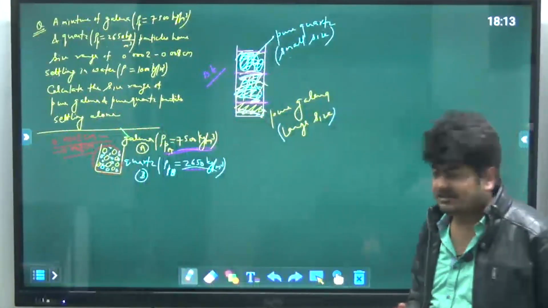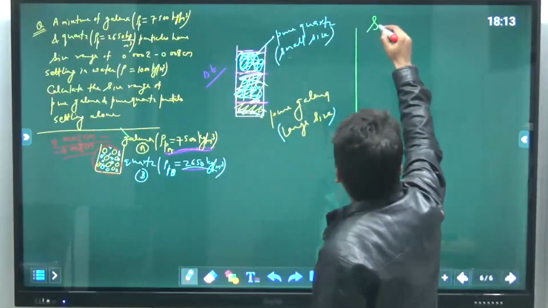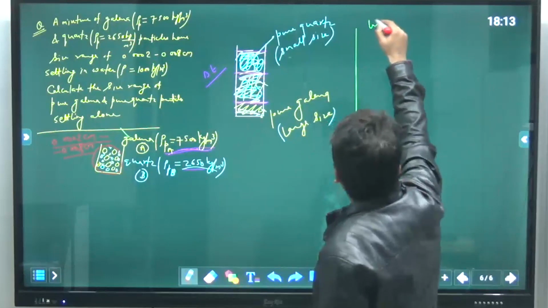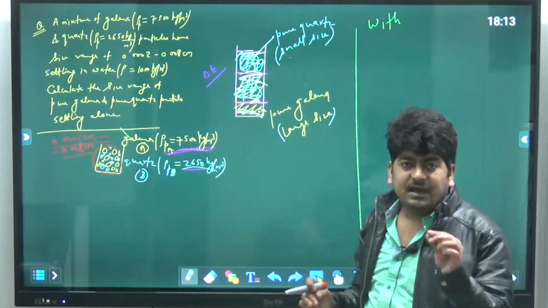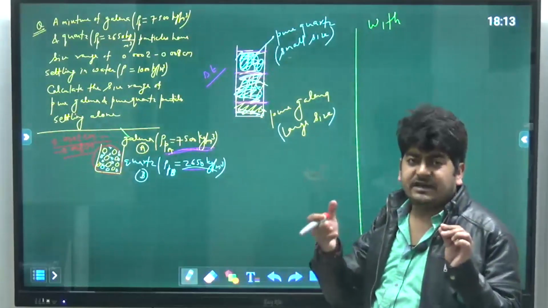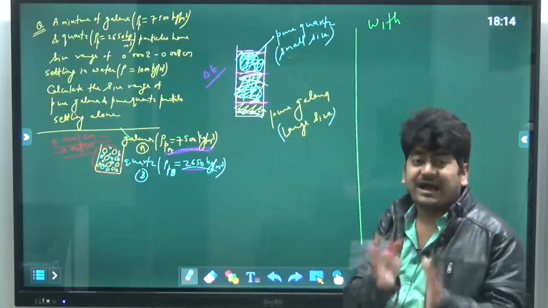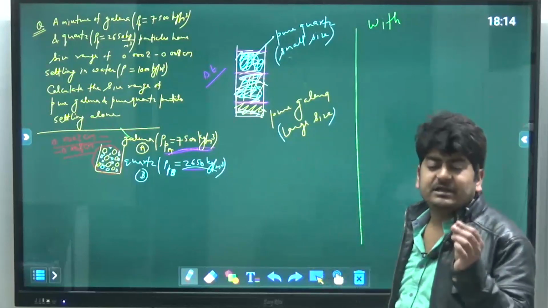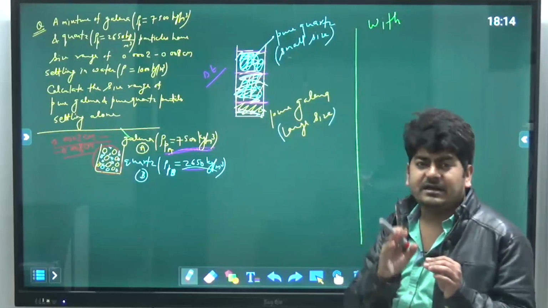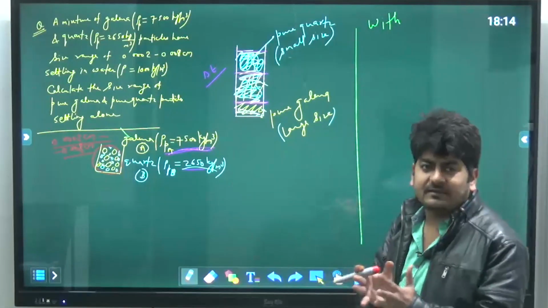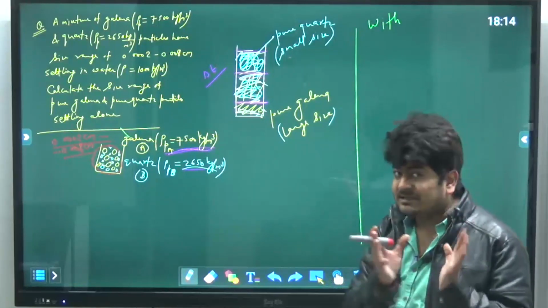Okay, now let's see. Obviously large size galena cannot settle with quartz because it will have the highest settling velocity, and similarly small size quartz cannot settle with any of the galena particle, because it will have the lowest settling velocity. But a small size galena and large size quartz may settle together.